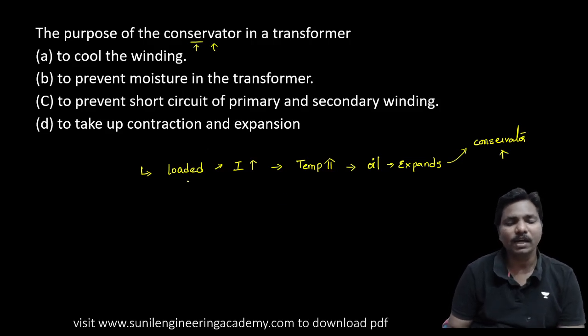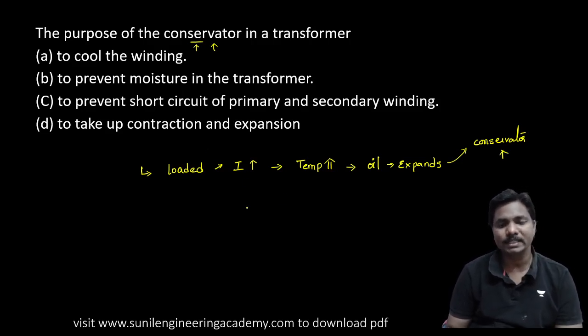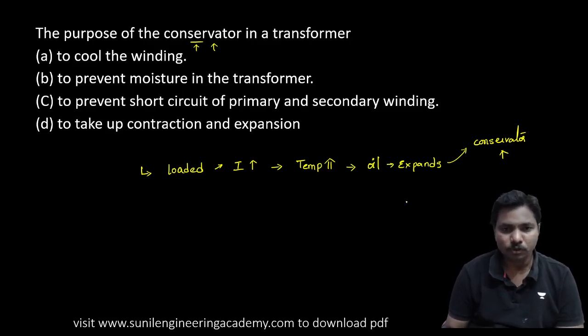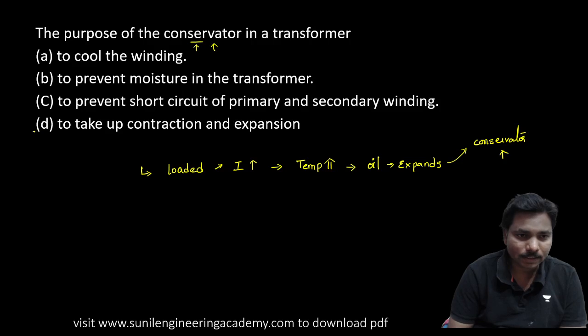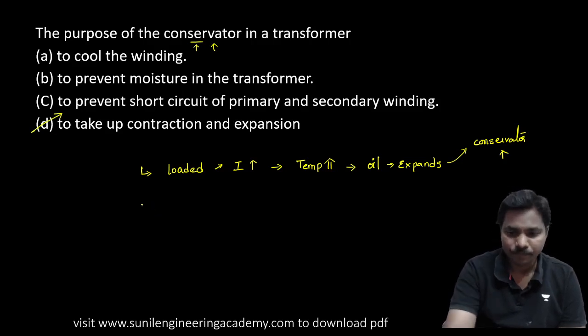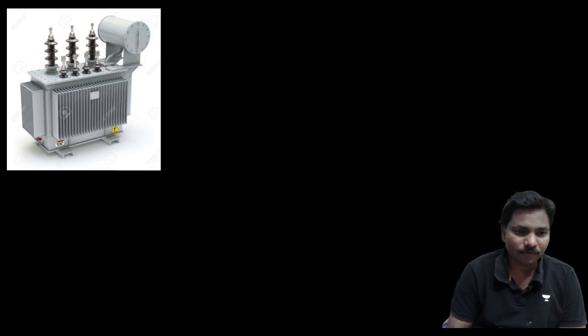In the same way, whenever the load decreases, the temperature decreases, and the oil level contracts. That means it comes back to the original value. So the conservator tank takes up the contraction and expansion.